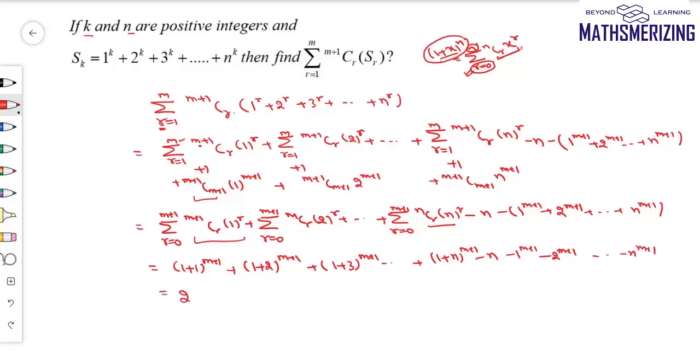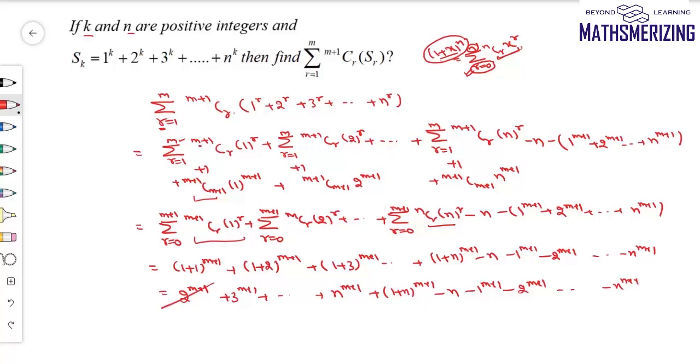So it will be 2 to the power of m + 1 plus 3 to the power of m + 1, and then n to the power of m + 1 plus (1 + n) to the power of m + 1, and minus n minus 1 to the power of m + 1 minus 2 to the power of m + 1, and then minus n to the power of m + 1.